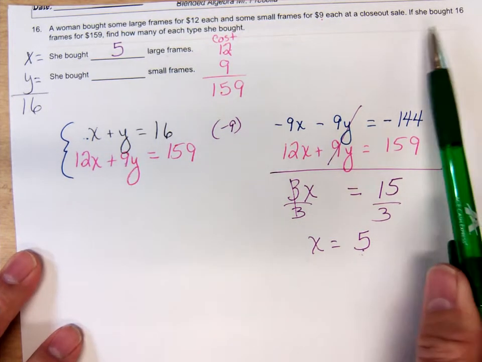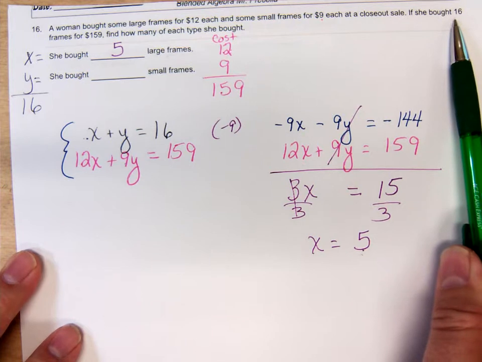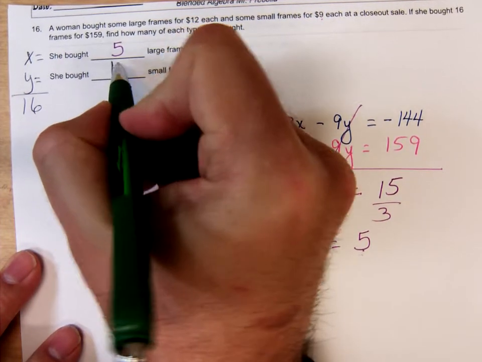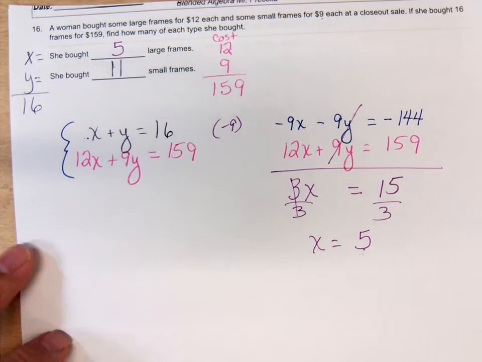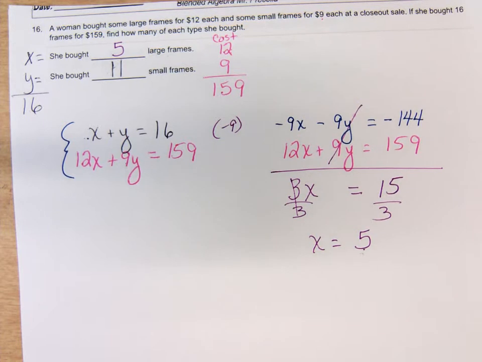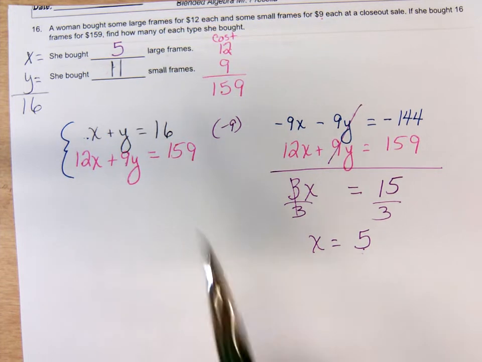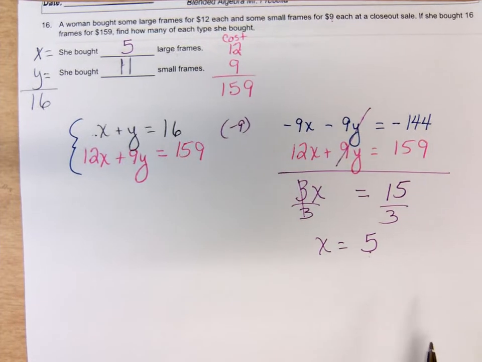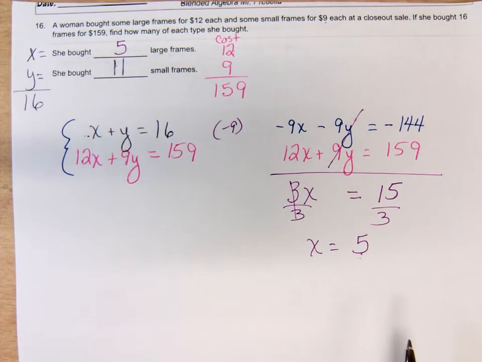It says she bought 16 frames. 5 were large. That means the other 11 have to be small. Okay. Y'all see how I did that? If you want to just plug in 5 plus y equals 16 and solve it for y, you're still going to get y equals 11.